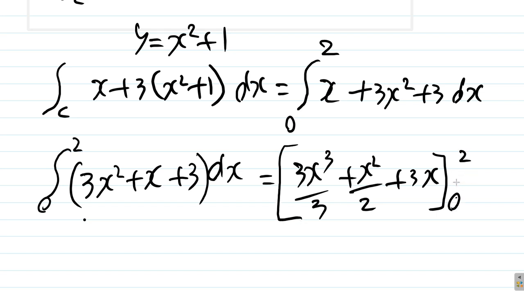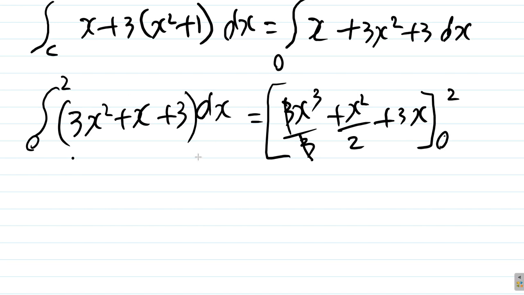And it goes from 0 to 2. So here, 3 will cancel 3, right?